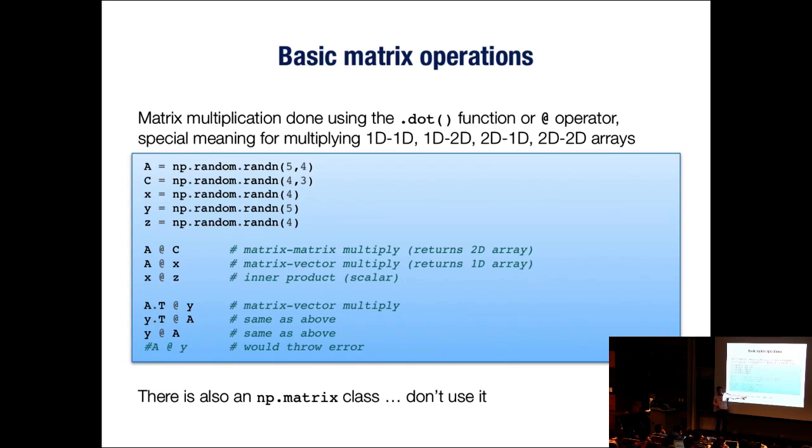Interoperating between it and normal arrays is a total pain. Most functions will return arrays, not these things. So you're constantly casting between the two types, and just don't do it. The one annoyance is when functions do return this. You have to cast them back to be arrays, but just get used to that sometimes. I would highly recommend against, again, if you want to, you can, but I'd highly recommend against using the matrix class in NumPy.